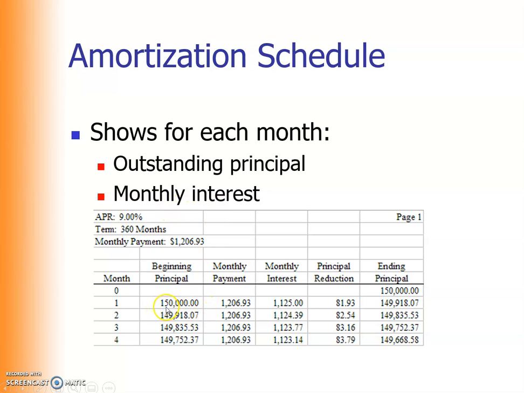For example, in Microsoft Excel, one can create the amortization schedule like this. For month 0, 1, 2, 3, 4, what is the beginning principal, monthly payment, monthly interest, principal reduction, and then the ending principal. This type of calculation can be made in spreadsheet programs.